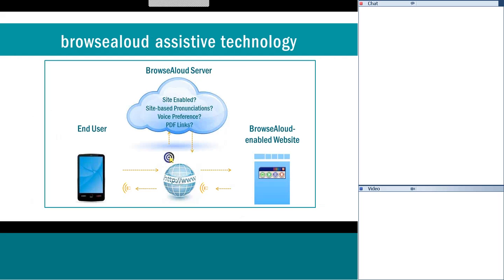We actually whitelist a website so that when 2 or 3 lines of JavaScript are added to a website, that will then create a button, and when that button is pressed, it will make a call on our speech server, and the speech server will then deliver the assistive technology toolbar. It's a very, very simple process to actually add BrowseAloud to a website. It's a very simple process for a user to use BrowseAloud, as I will show you.